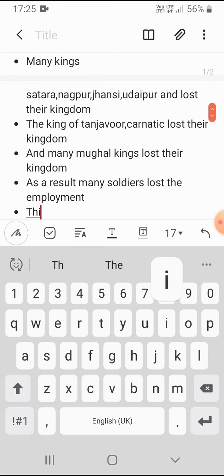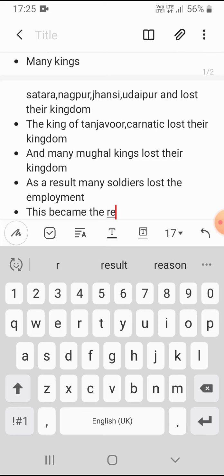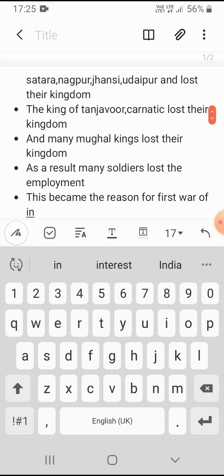This became the reason for the first war of Indian independence, or we can say the first Indian freedom struggle or the Sepoy mutiny.